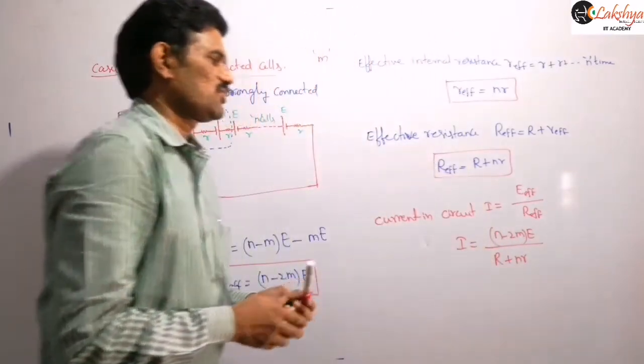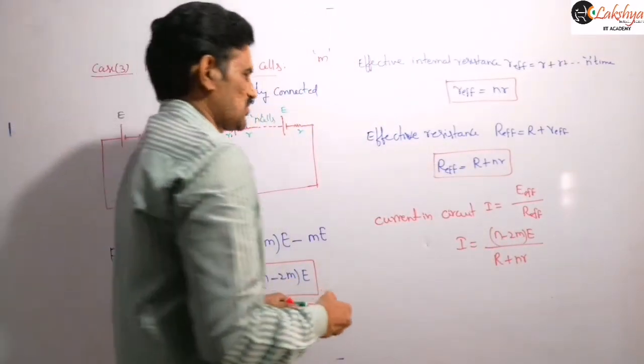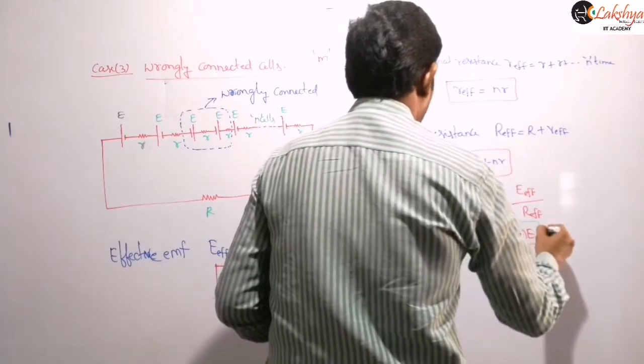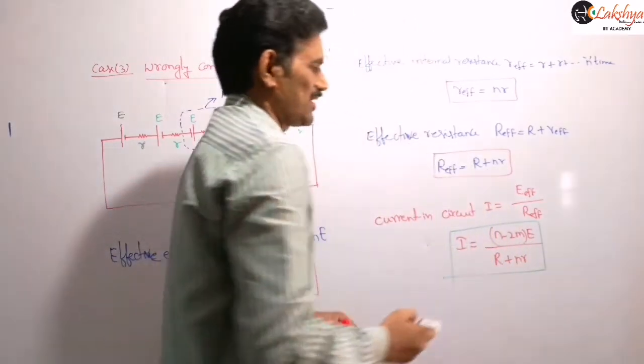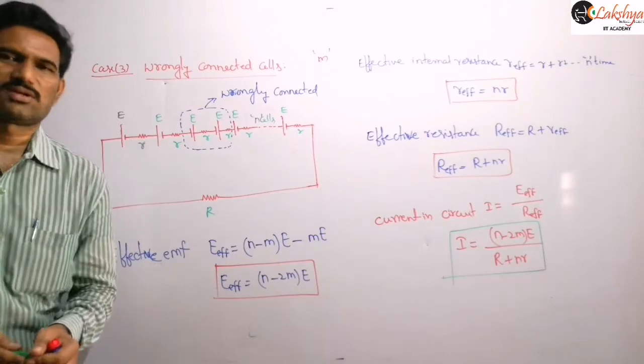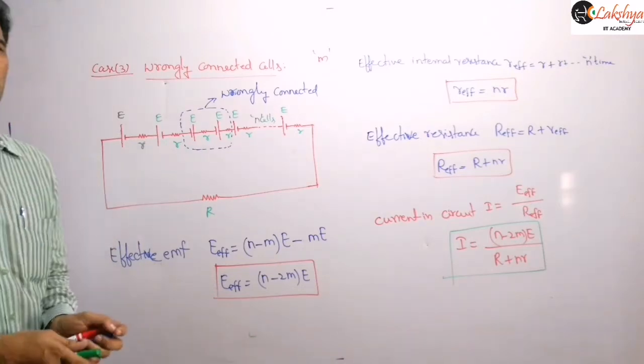So that will be the effective current in that circuit. If you are able to write this EMF, then automatically you can write the current, and the resistance values will be easy. Regarding this EMF only, you need to remember.